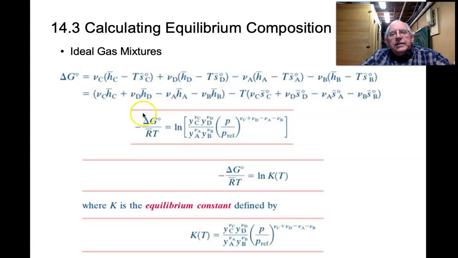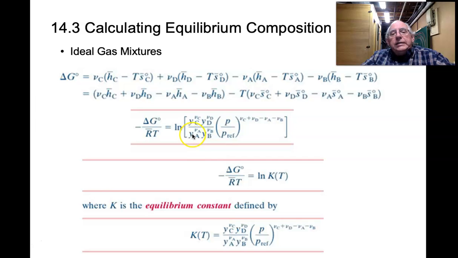It turns out that this term here is only a function of temperature, because at a given temperature we can find the value of G0. And if this is only a function of temperature, then the natural log of this combination would also be only a function of temperature.